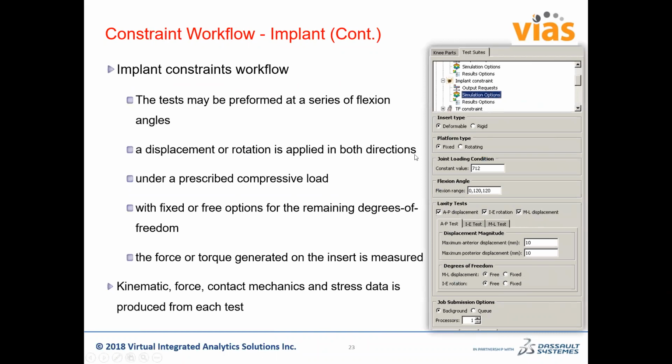In this, again, you have the option of analyzing the laxity at different flexion angles, where you have 3 different motions available: the anterior posterior, internal external rotation, and the medial lateral displacements. All these motions are provided as displacements, and the outputs you will be looking at will be the kinematics, the force, contact mechanics, and stress data in the implants.